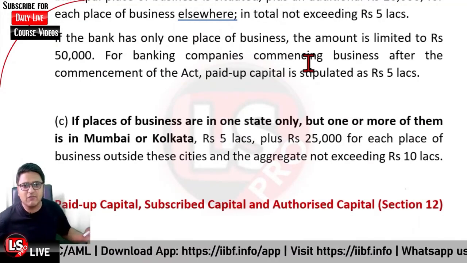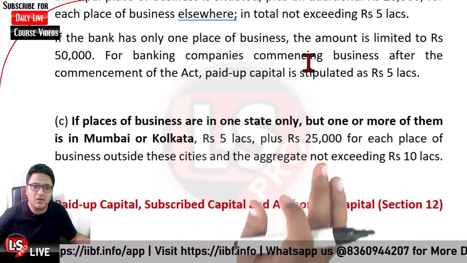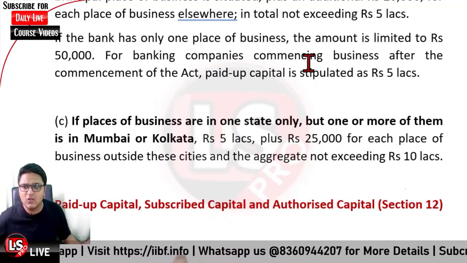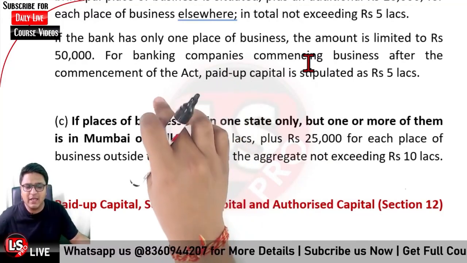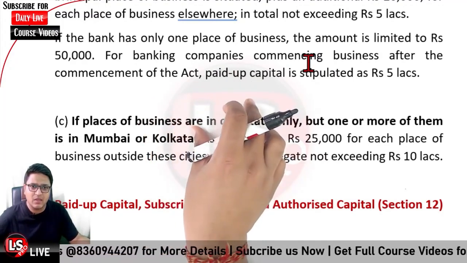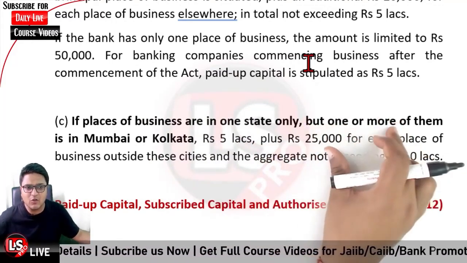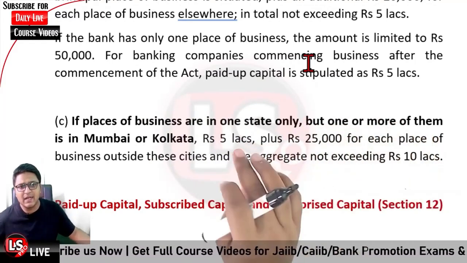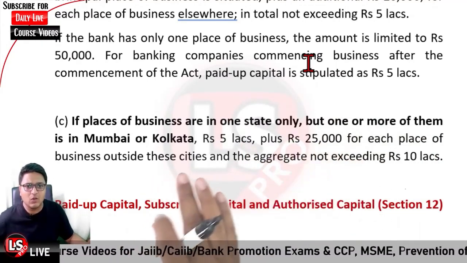Next point, it says if places of business are in one state but one or more of them is in Mumbai or Kolkata. The prior point was regarding places of business in one state but not in Mumbai or Kolkata, but now we are talking about a one-state bank that is also operating in Mumbai or Kolkata.